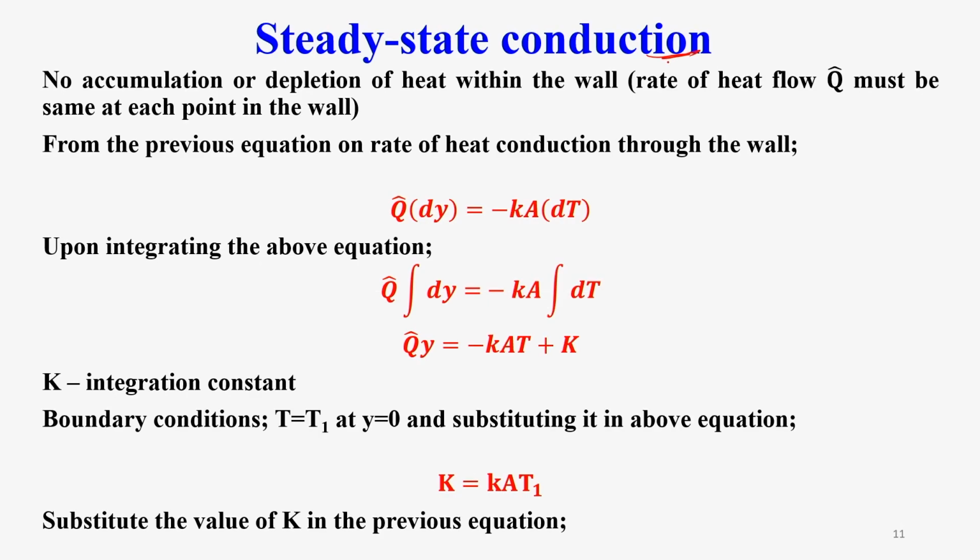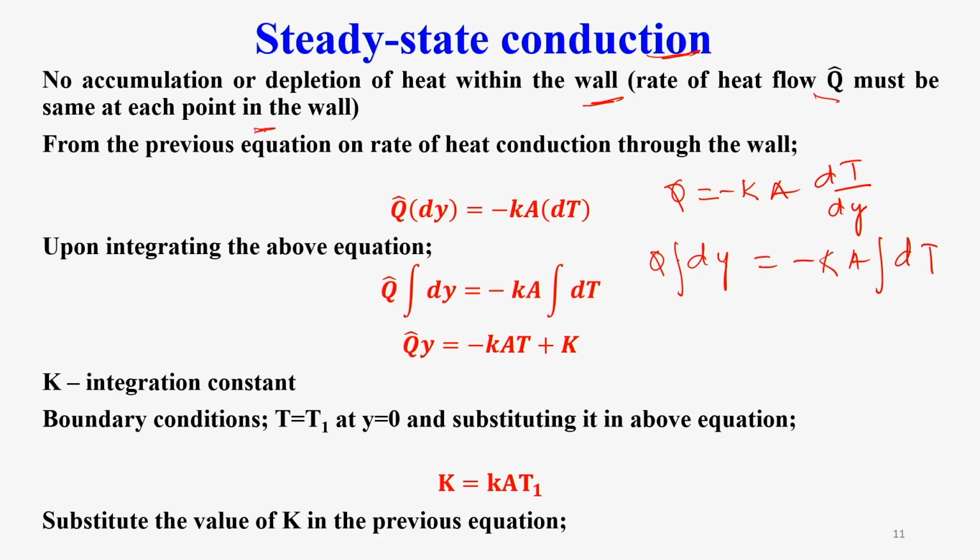Now, if we consider steady state conduction, it says there is no accumulation or depletion of heat within the wall. It means the rate of heat flow must be the same at each point of the wall. So, if you write Q as minus K A dT upon dy, and consider steady state, it becomes Q dy equals minus K A dT.